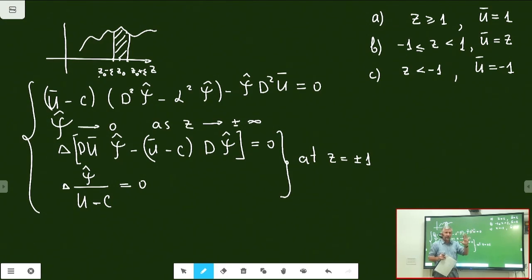I'll let you try to find it, and once you get the solution, we will discuss it, right? I will check that it is the correct solution, and then we will move on after we agree that we found the solution. Okay, up to you. Take this, substitute that, see if you can find what psi hat is.